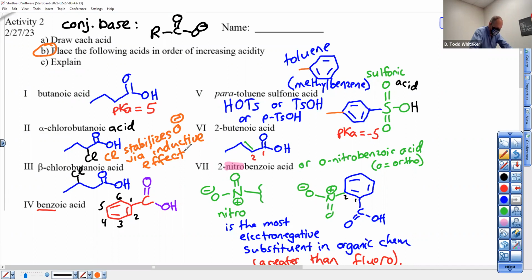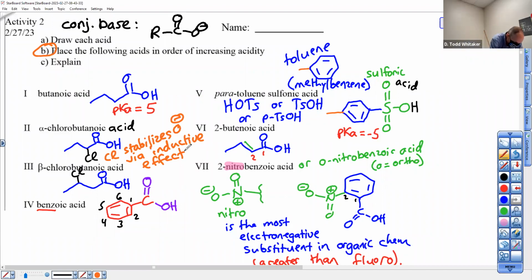That's good for 2 and 3, both being stronger than 1, isn't it? Which one's going to have the stronger inductive effect, 2 or 3? 2, because it's based on the number of bonds that the chlorine has to pull electrons through. And if it's a greater distance, it's a weaker effect.